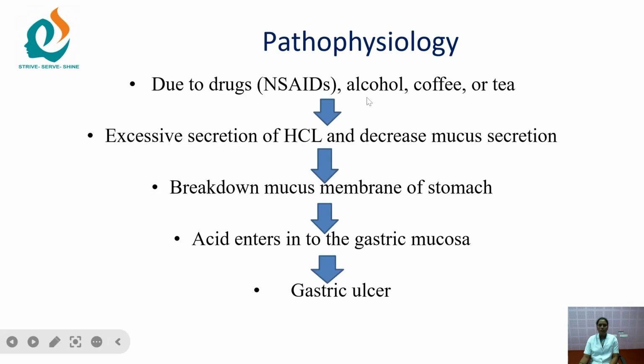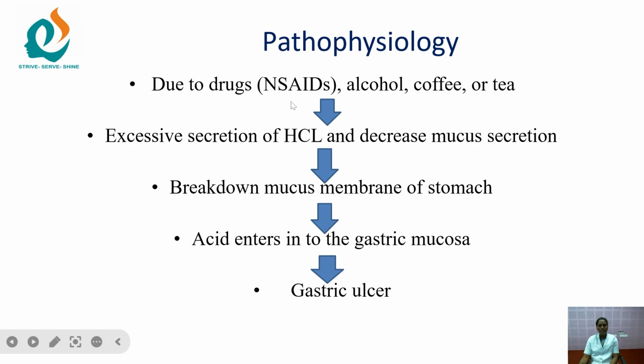Next one is the pathophysiology, how the peptic ulcer develops. First, due to etiological factors, that is the nonsteroidal anti-inflammatory drugs or alcohol or coffee or tea, it leads to excessive secretion of HCl and decreased mucus secretion.